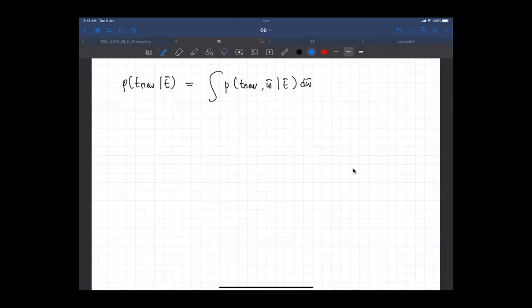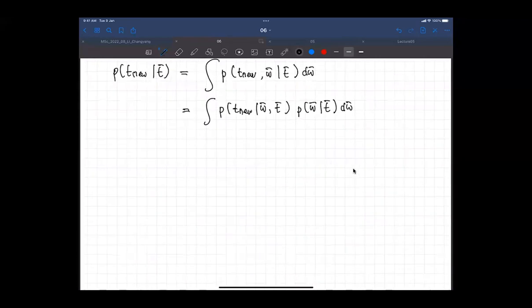Anyway, if we do the expansion further, P of T new given W bar, T bar, times P of W bar given T bar. This is the product rule, right? So this T bar can be removed.